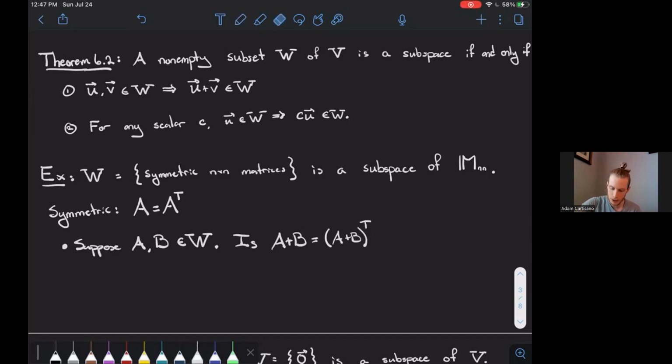A plus B transpose, by a property of the transpose, is distributive over the sum of two matrices. If you take the transpose of the sum of two matrices, that's the same as taking the sum of the transposes of those matrices.